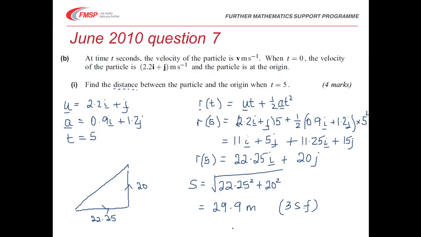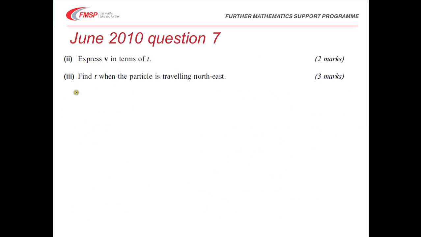So now we have got the distance. Part 2 asks us to express v, that's the velocity after t seconds, in terms of t. If you remember, we already know that u, the initial velocity, was 2.2i plus j. We also had the acceleration vector, which was 0.9i, we worked that out right at the beginning, plus 1.2j.